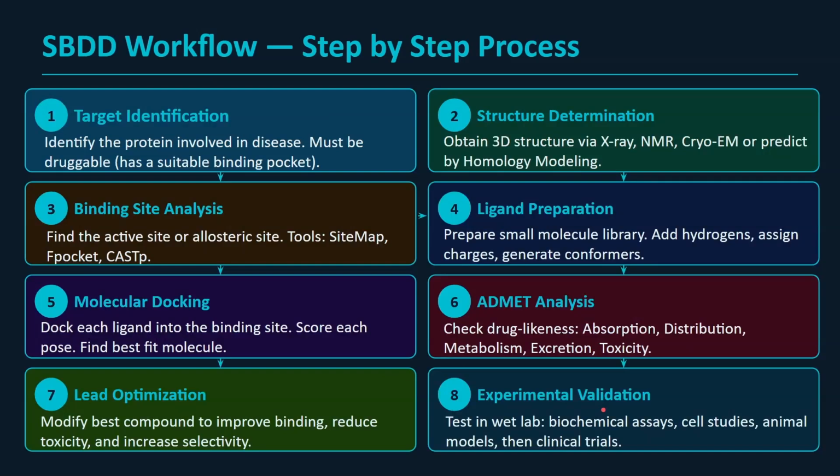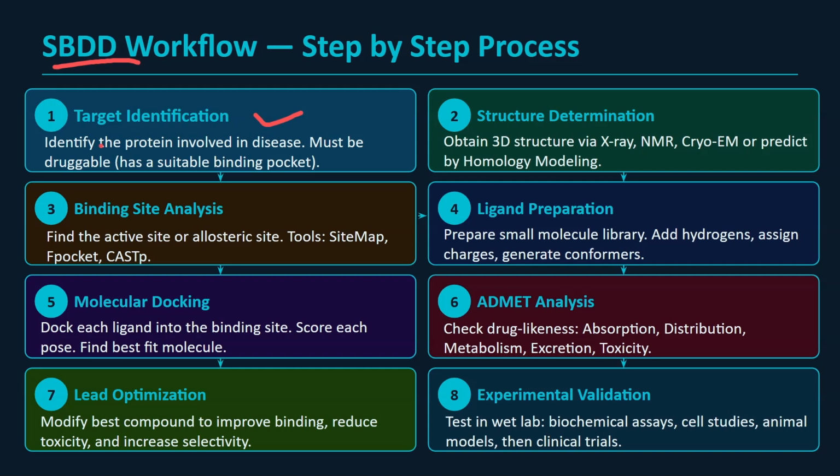So now let us look at the complete step-by-step process or the workflow of structure-based drug design. There are 8 major steps. First step is the target identification. We know that target could be a protein enzyme or ion channel.